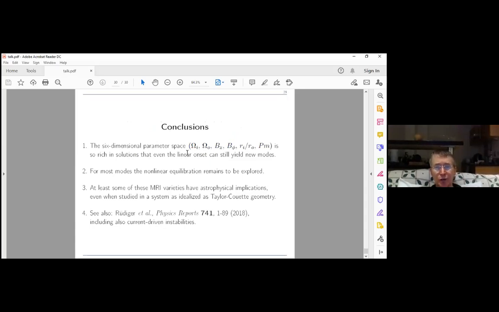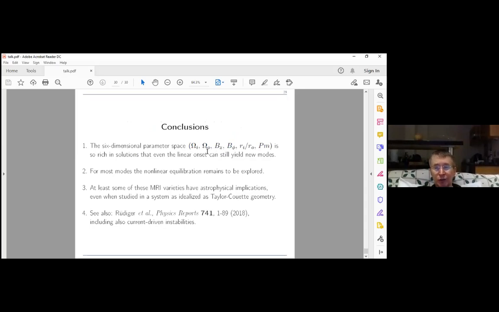The first point to note is, even though it's a very simple problem, and ultimately it's just a linear one-dimensional eigenvalue problem, the parameter space is enormously big, because you have 6 different parameters that you can adjust.